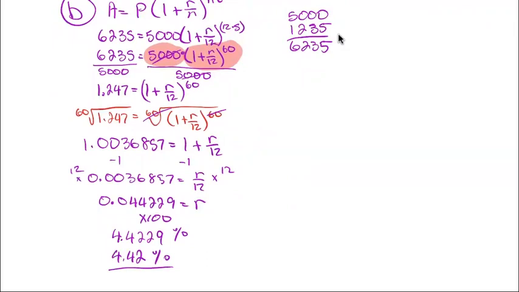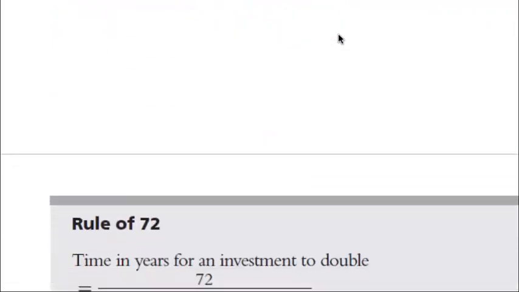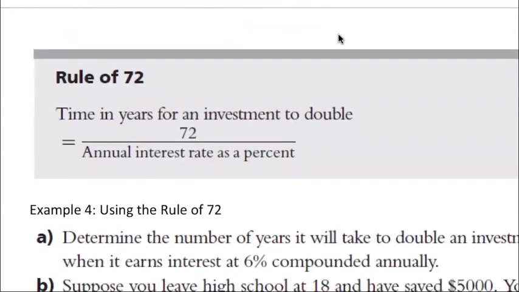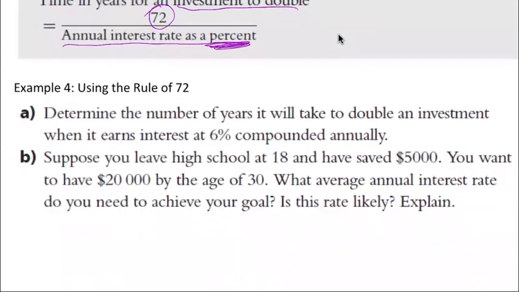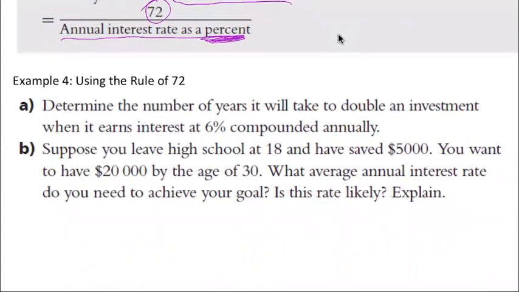Over the page, this little rule of 72 is a simple little rule that allows you to calculate the time in years for any kind of investment to double. And it's an approximation. You simply take 72 and divide it by your annual interest rate as a percent, not a decimal. Question A, determine the number of years it will take to double an investment when it earns interest at 6% compounded annually.